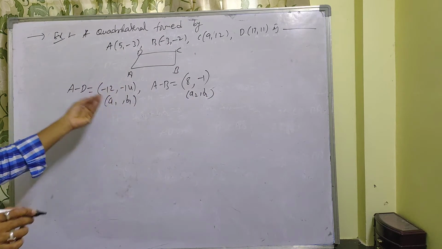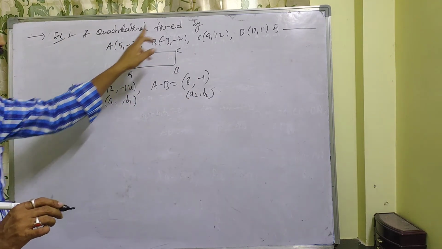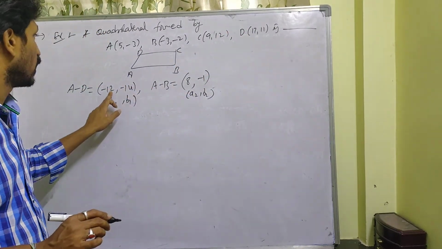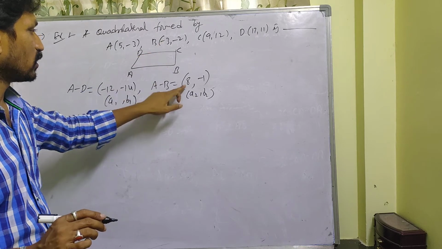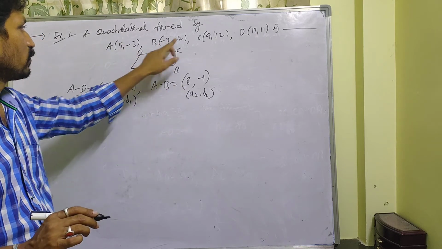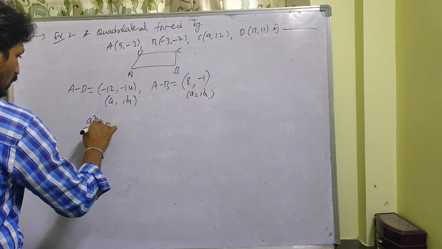So this is the procedure. To find A1, B1, A2, B2: take the x coordinates difference, that is here, and the y coordinates difference, that is here. Next, x coordinates difference, that is here, and y coordinates difference, that is here. Now go for A1 square plus B1 square.